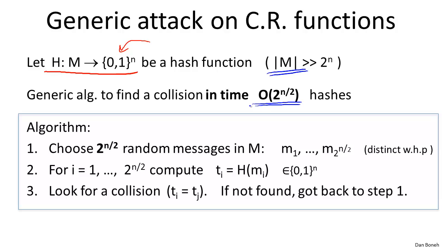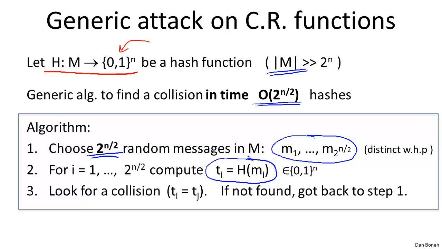So here's how the algorithm is going to work. We'll choose random 2 to the n over 2 messages in our message space. Let's call them m1 to m 2 to the n over 2. Now, because the messages themselves are much bigger than n bits, they're 100 times n bits, it's very likely that all these messages are distinct. For each one of these messages, we're going to apply the hash function and obtain a tag t sub i.